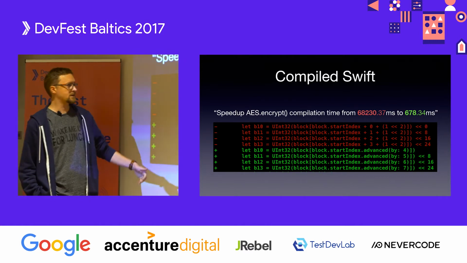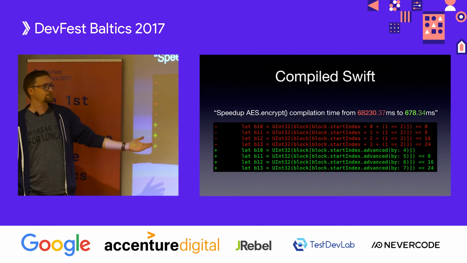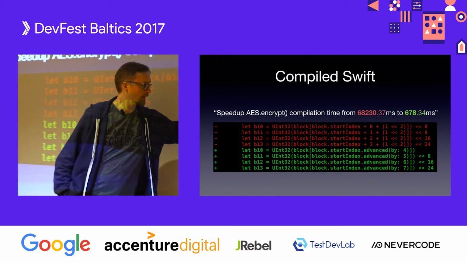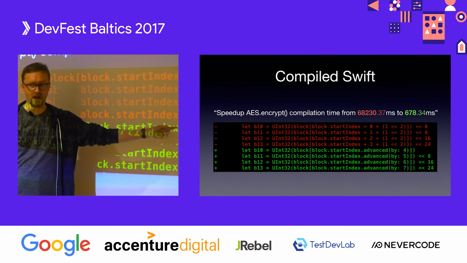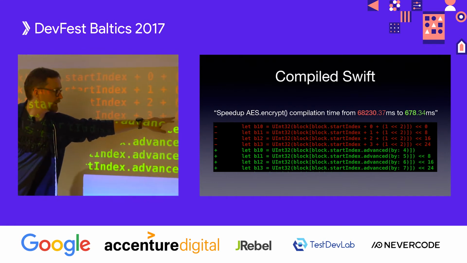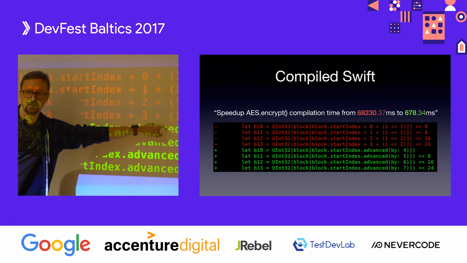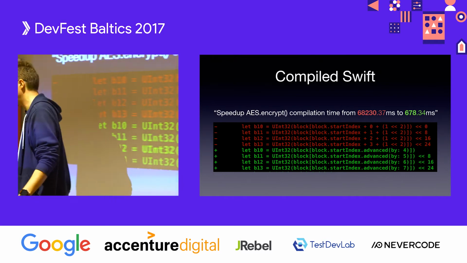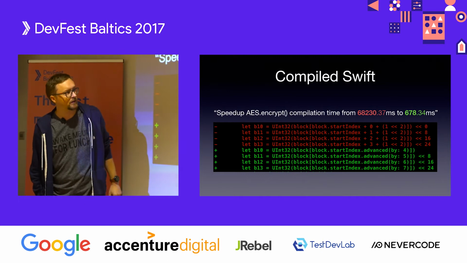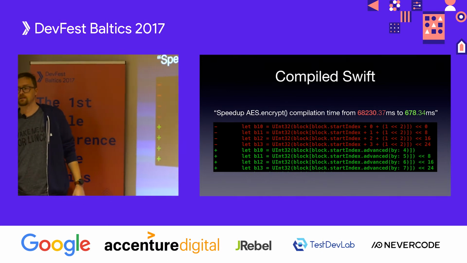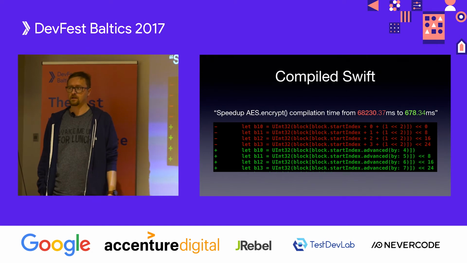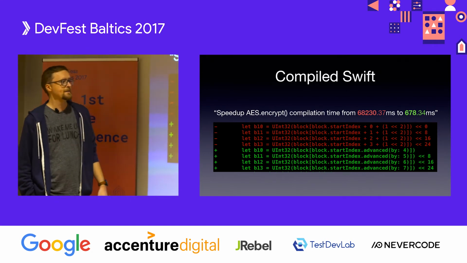So I looked inside, and that was the fix. The fix was to replace plus with advanced by, and to remove the bit shifting operations here. And now it compiles in less than a second. So this is the problem. We have to struggle with Swift every day.